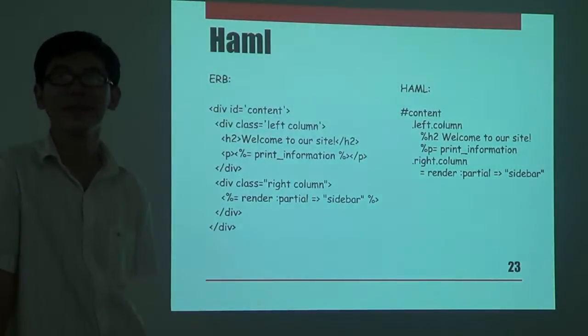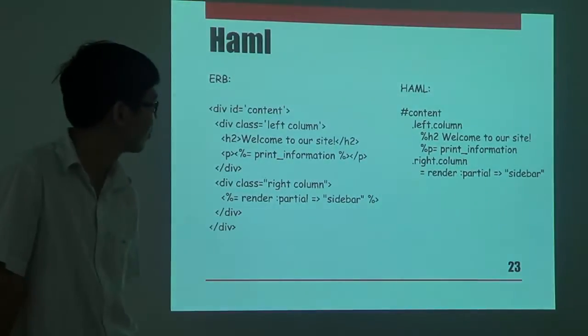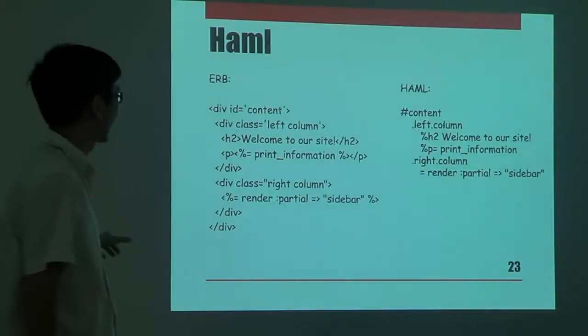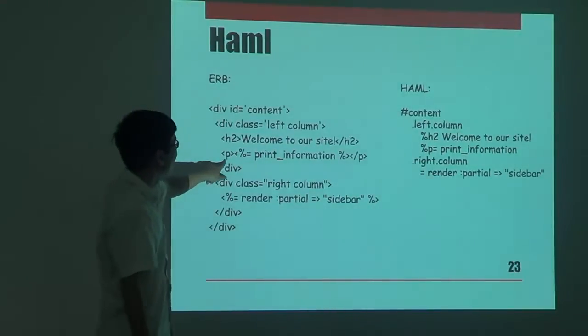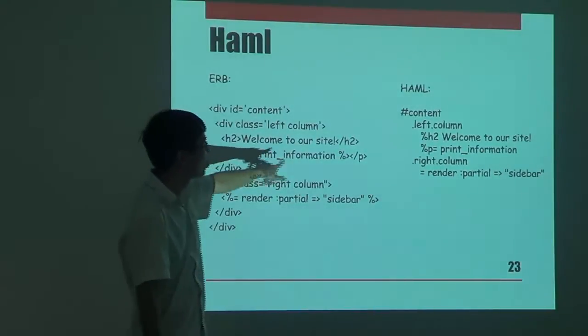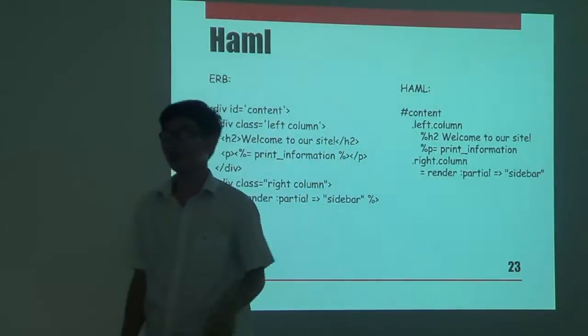And in my point of view, nowadays the editor can do all the lazy things like closing the tag when you open it. And what else do you expect from HAML? For example, when you have something like a P tag here and this is a Ruby on Rails code, and this actually is equal to this, it's much softer when using it.